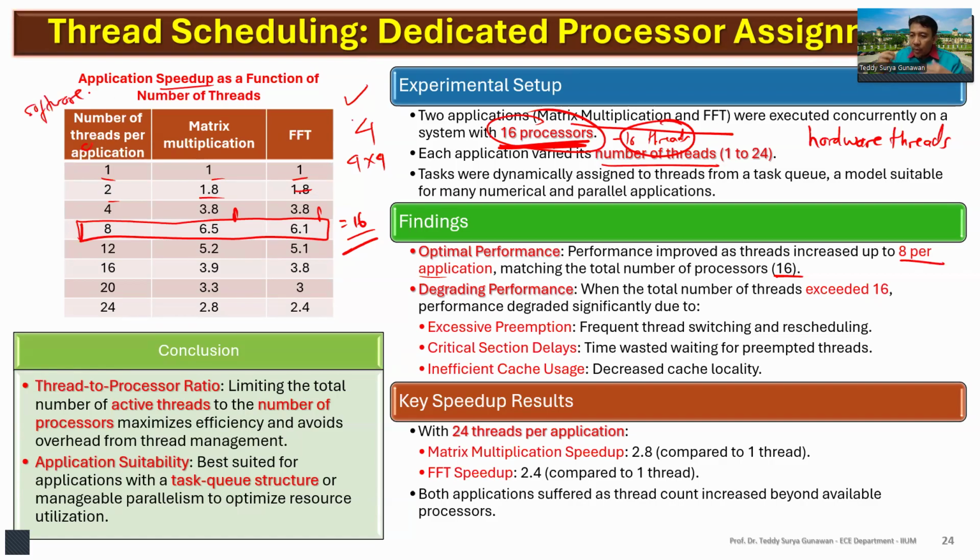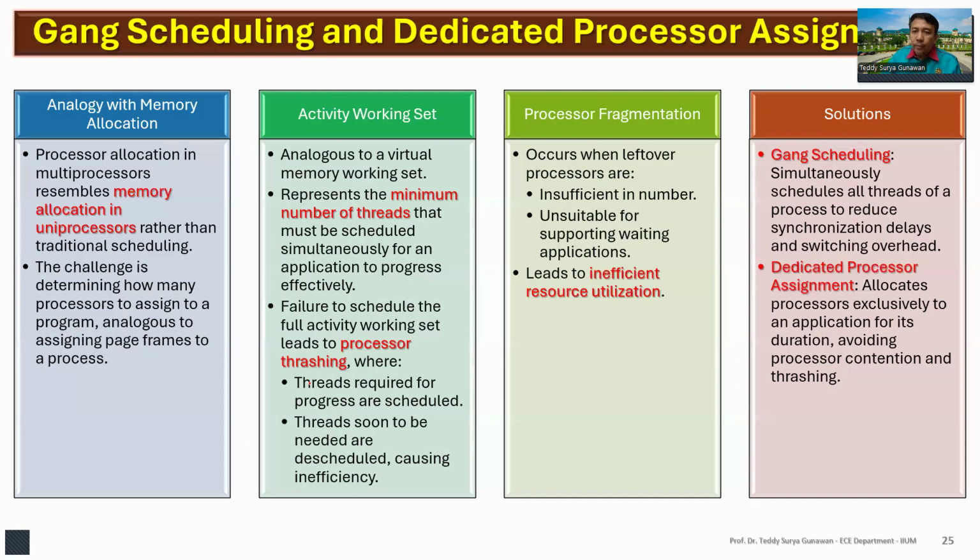You can create so many threads, but the one actually running is limited by the number of cores, because of excessive preemption, critical section delays, and inefficient cache usage. So this is the summary: you need to limit the total number of active threads to the number of processors.